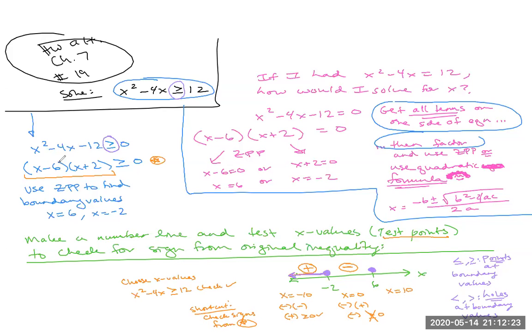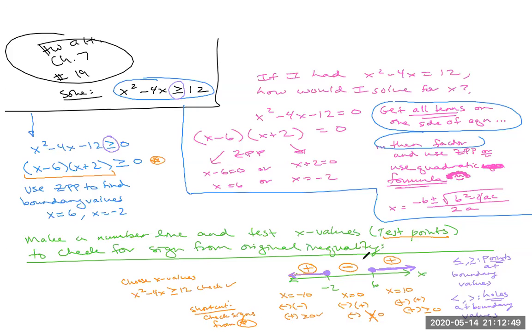Okay, then if we plug in 10, positive, positive. Which gives me a positive out, which is indeed greater than or equal to 0. So we use this side as well.